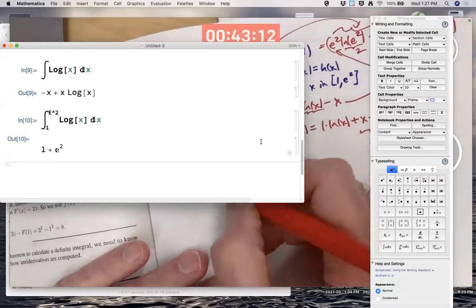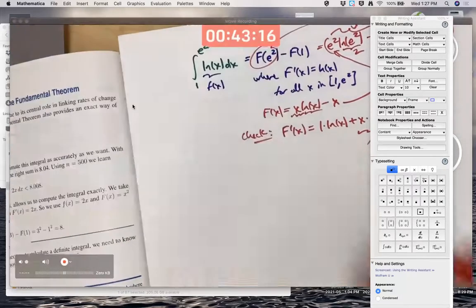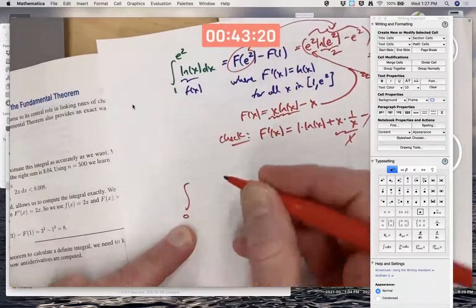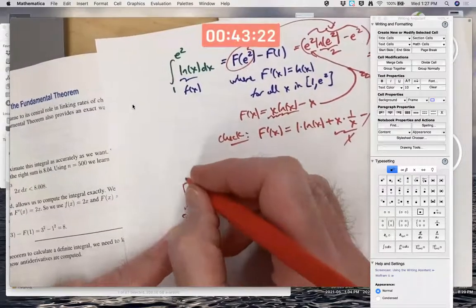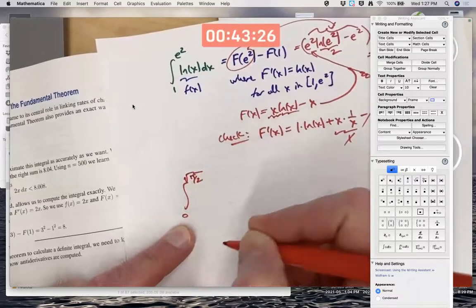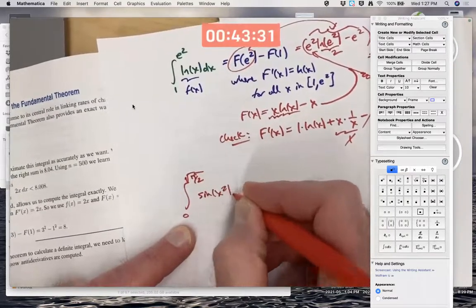What about, say, something like, oh, how about the integral from 0 to, oh, I don't know, square root of pi over 2 of sine of x squared.